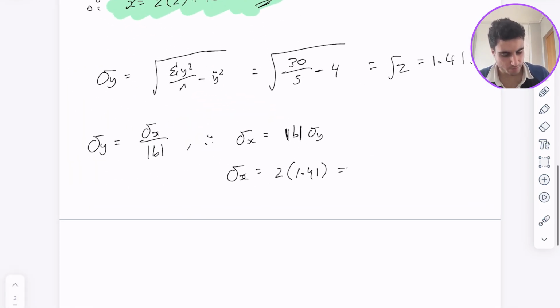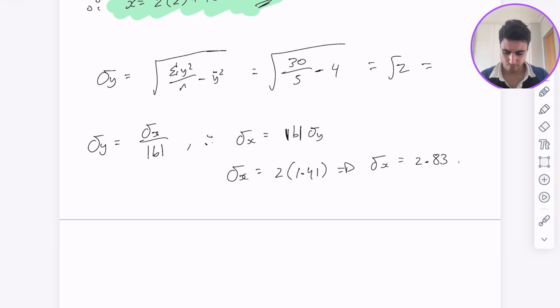So therefore we get 2.83 there. I should just get this as root 2 for our final calculation. So use root 2 for the final one. Sorry, that was a mistake on my part.